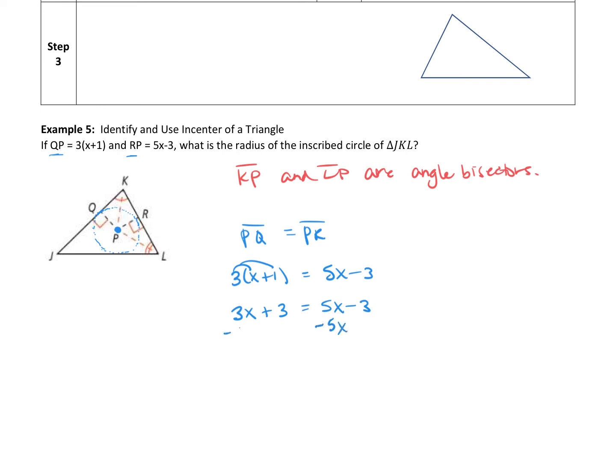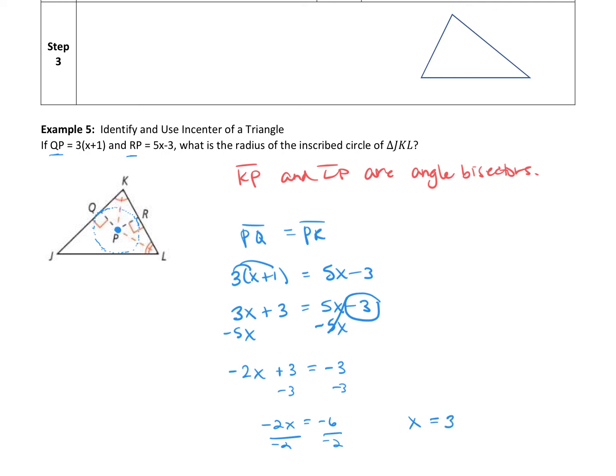I'm going to subtract 5x from both sides. 3x minus 5x is a negative 2x. Carry down your plus 3. And let's make sure we're aware this is a negative 3 that we're going to carry down. Solving for x, we will subtract 3 from both sides. That leaves us with negative 2x equals negative 6. And our last step is to divide by that negative 2, giving us x equals positive 3.